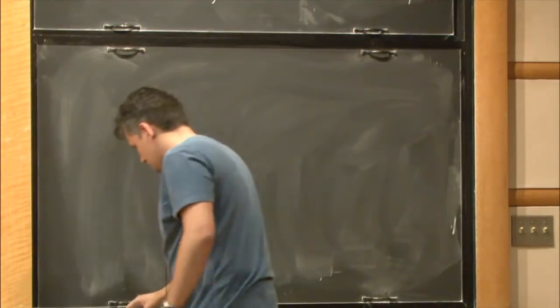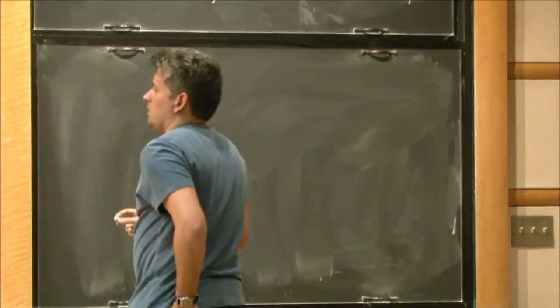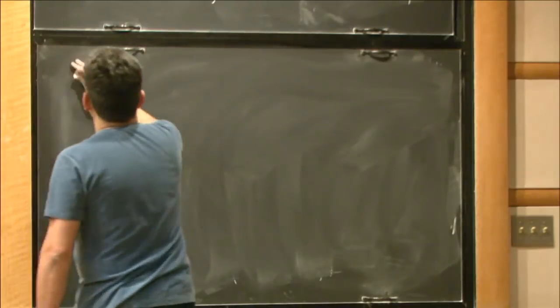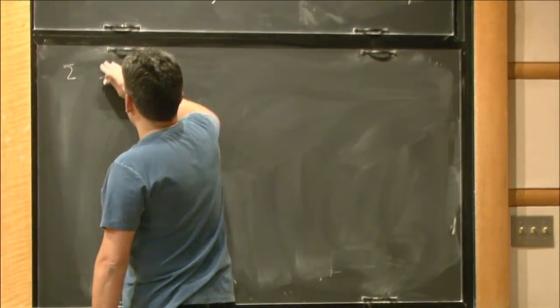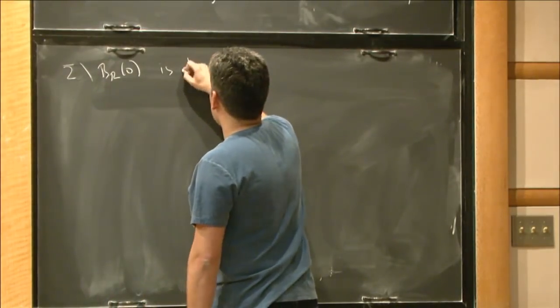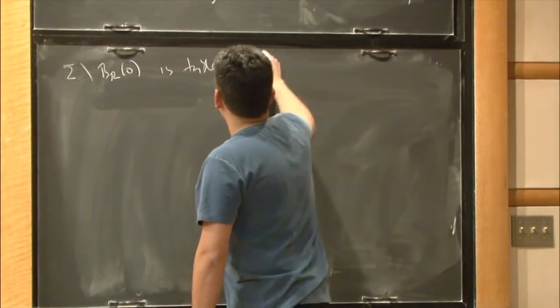Sigma minus the ball of radius r0 is stable. So what does that mean?